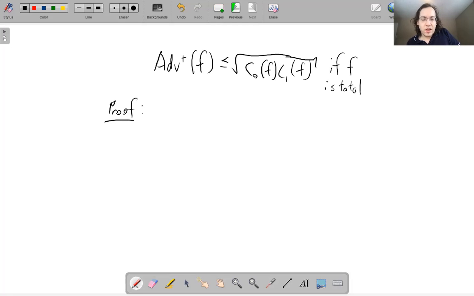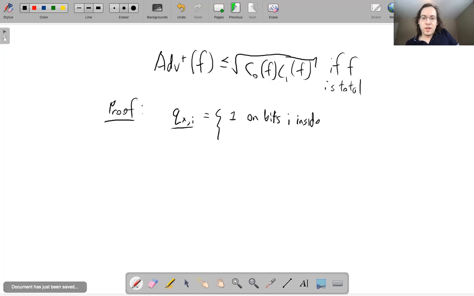So how shall we place the weights q_x,i? We can say q_x,i equals 1 on bits i inside a certificate of x, and 0 on other bits.